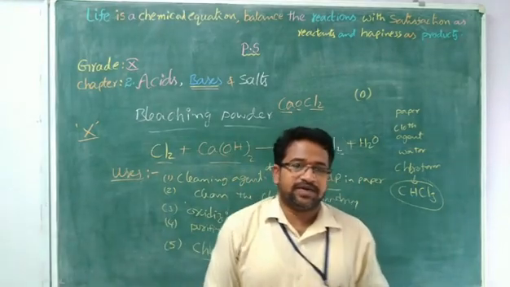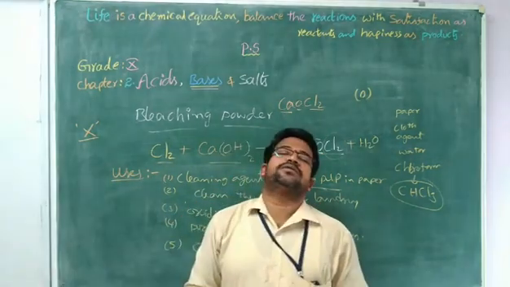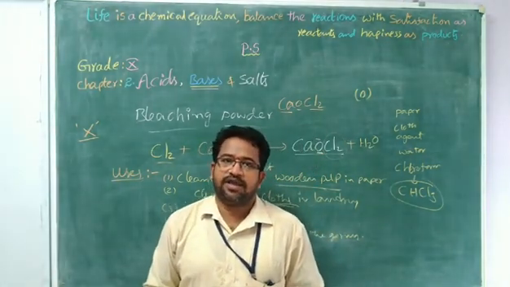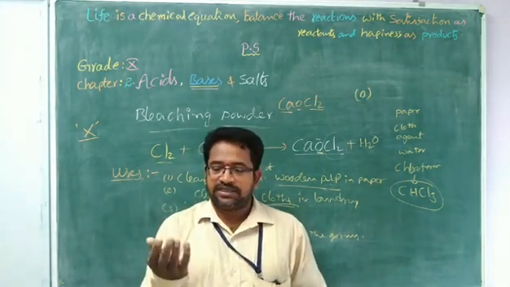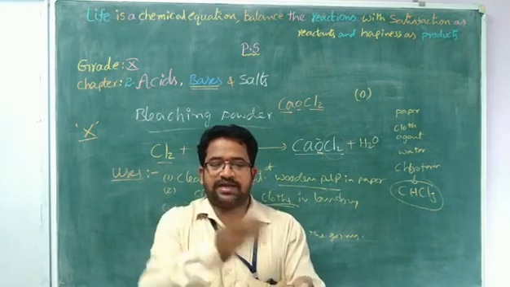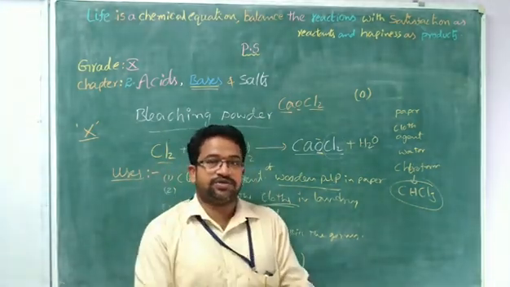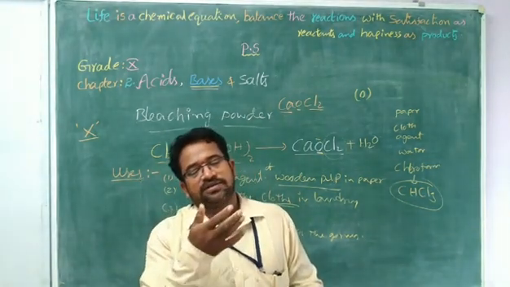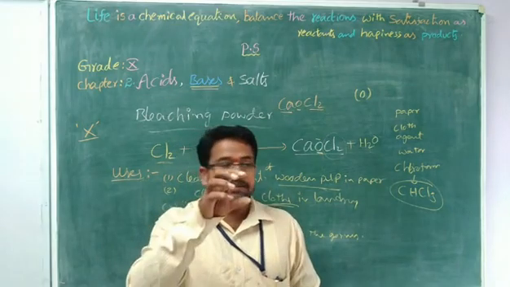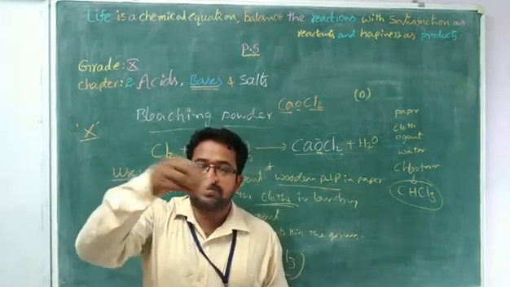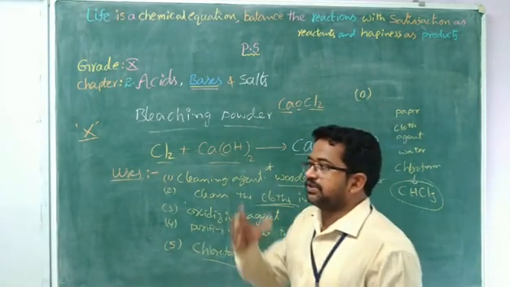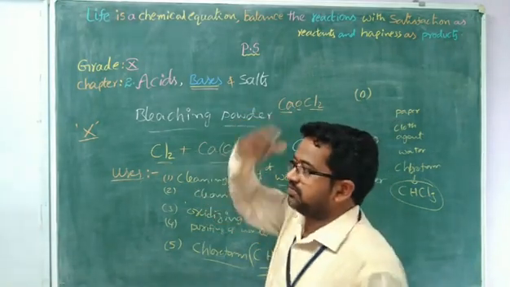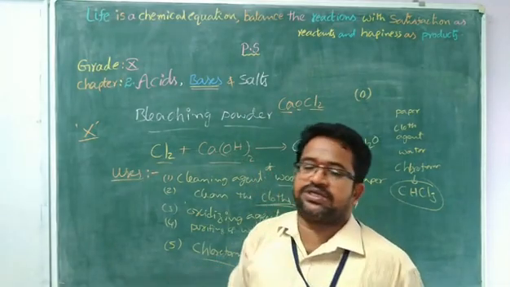Commonly they say, what is chloroform? In movies, if the villain is going to kidnap the heroine or somebody, they will take the kerchief, add some solution, keep it at the nose, and the person is going to be asleep.